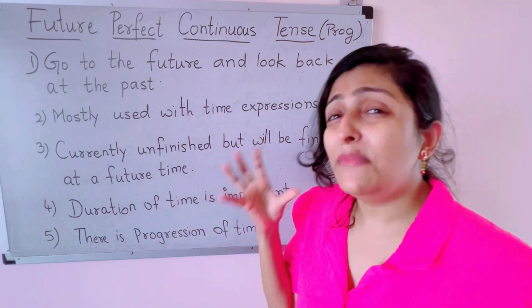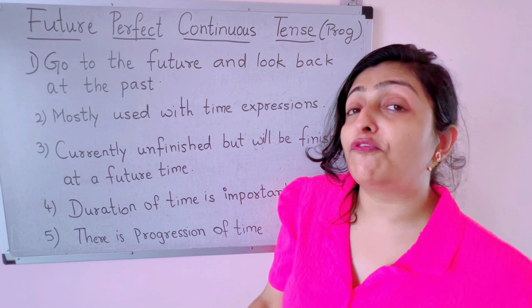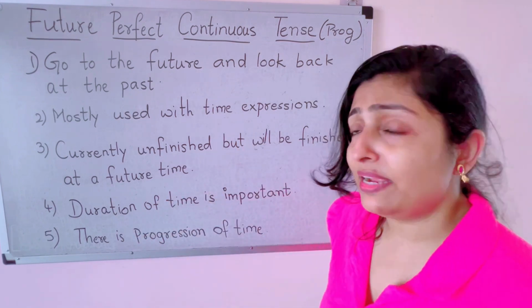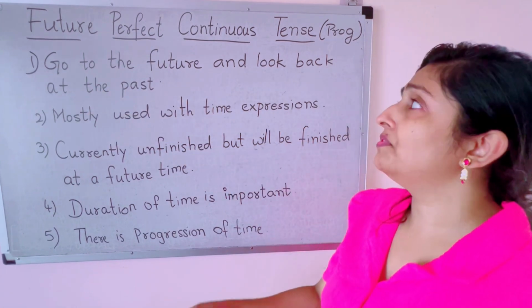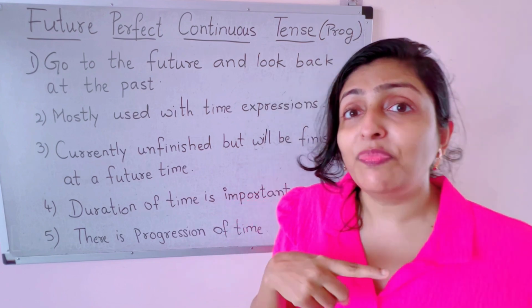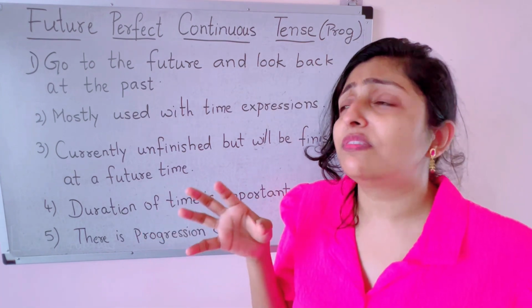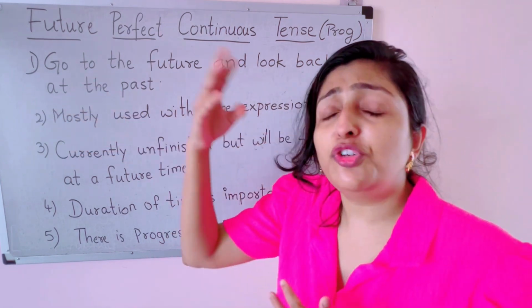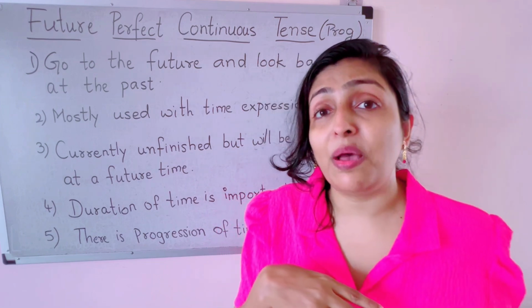These are the key important points of future perfect continuous tense which you need to keep in mind. The first point is go to the future and look back at the past. So when and where is future perfect continuous tense used? It is used to go to the future and then look back at the past.